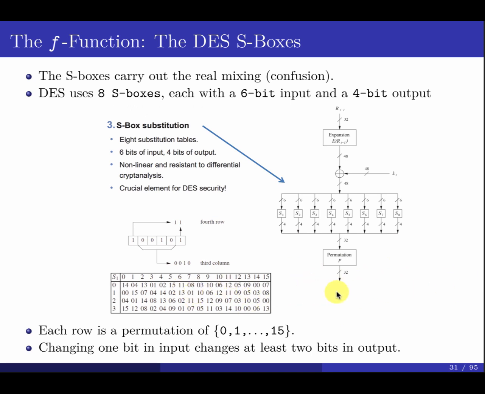They are not unique; there are 8 different substitution tables. If you take a look here, you have columns and rows. The intersection between the row and column tells you the value. It is a permutation from 0 up to 15, each of them from 0 up to 15. How they did this, we didn't know at that time.